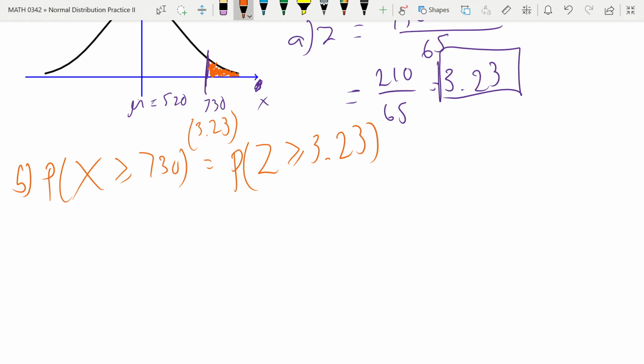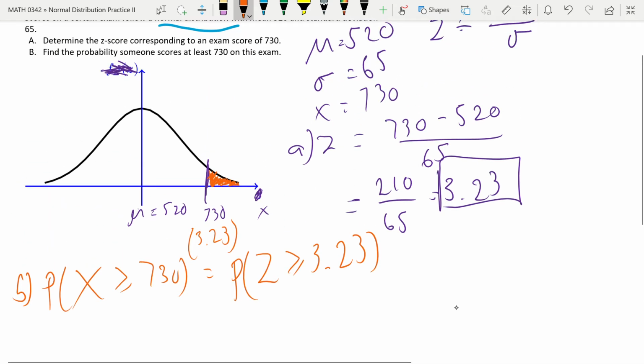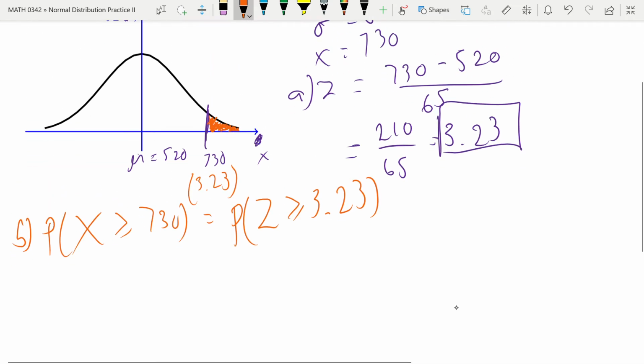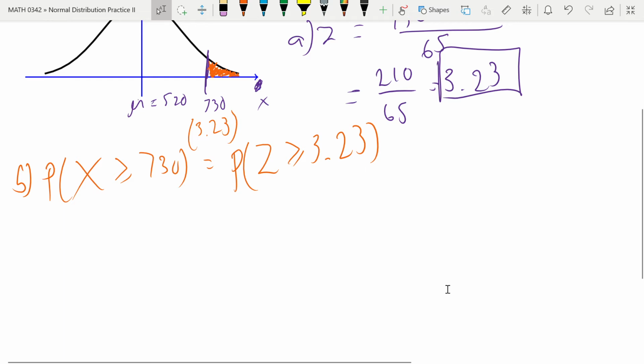That's an area to the right. To get an area to the right, if you remember from the last set, we will need to do 1 minus the area to the left. The entire area is 1. We take away what we don't need, the white part, and that gives us the area in orange. So this is 1 minus this probability.